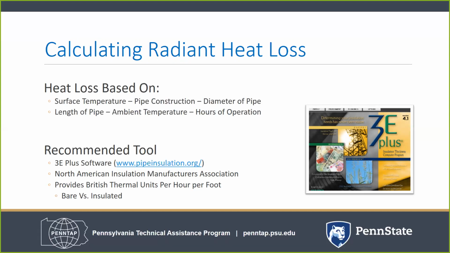The software provides the heat loss for bare pipe as well as different levels of insulation. When reviewing the heat loss data, it is important to note that additional insulation will lower the heat loss, but it will also increase the cost of insulation.